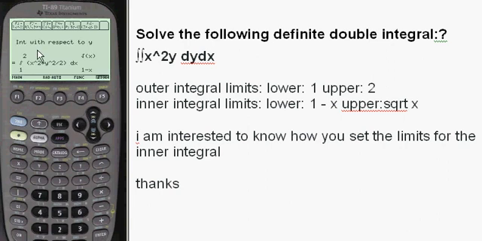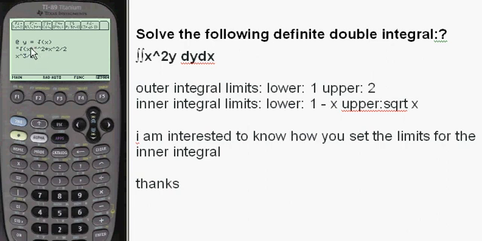Say it's okay. Now we integrate with respect to y first because we're doing the inner one first. Then we have y equal to the square root of x. We put that in. Notice I have the square root of x here in quotation marks, which the calculator makes me do. I'd like to have parentheses here, which you should put in when you're substituting.